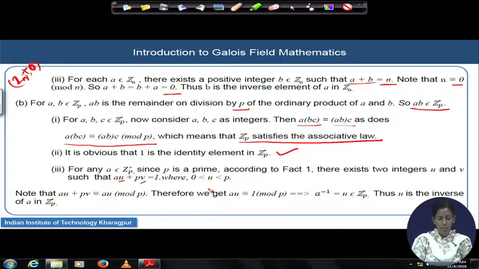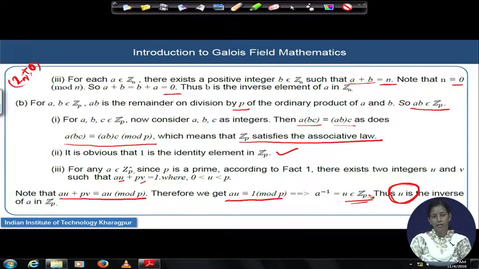And remember one fact: Au + pv mod p is equivalent to Au mod p. So actually we will get Au equal to 1 mod p, which will further give you that A inverse is equal to u, nothing else. Which also belongs to Zp star, such that u is the inverse of any element A in Zp star. So Zp star also has an identity element, which is equal to 1.